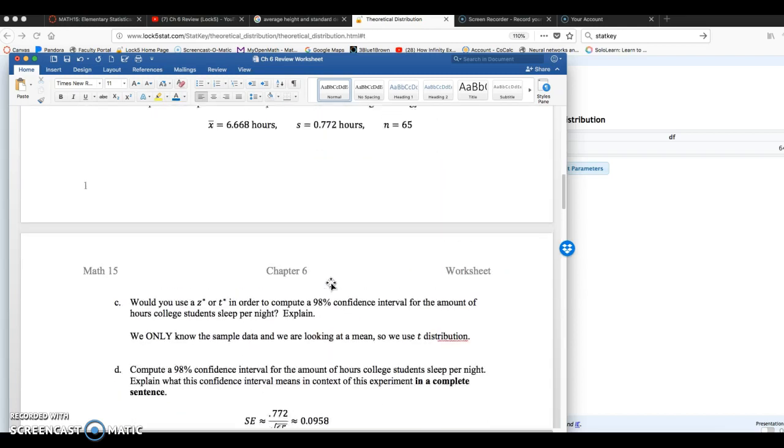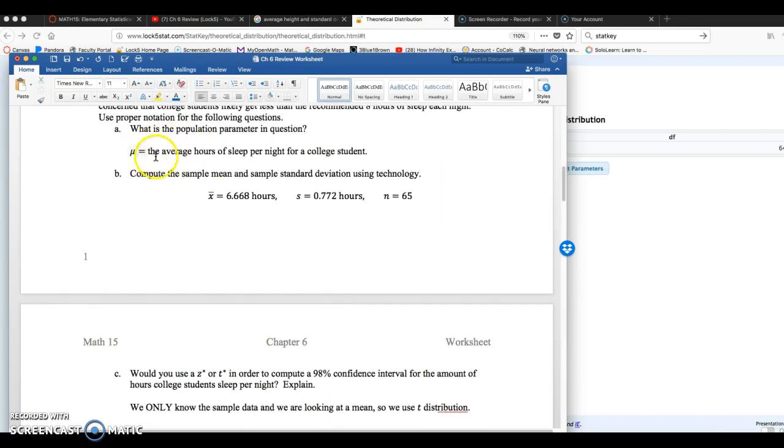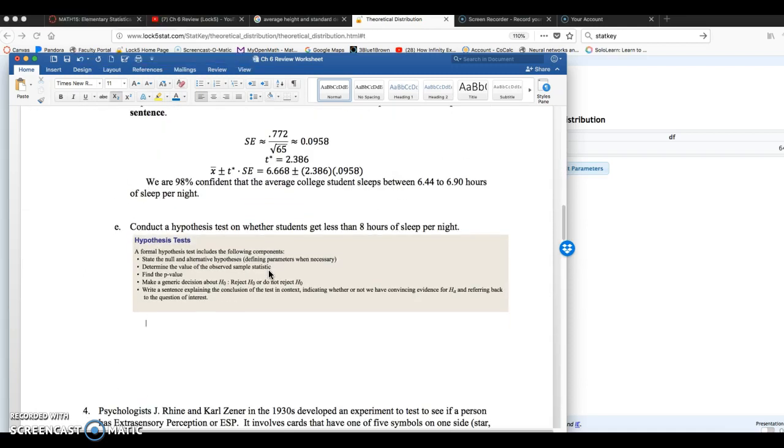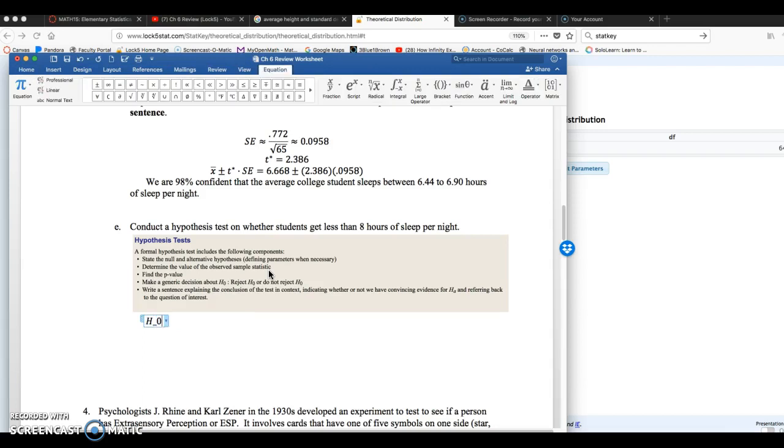So notice in this case we've already defined the parameter up in part A, this mu. So I don't need to define it again. I'm going to just write H sub 0. The null is mu equals 8. We're going to assume that college students do get 8 hours of sleep. But the evidence and what these researchers think is that they're getting less than 8 hours of sleep.